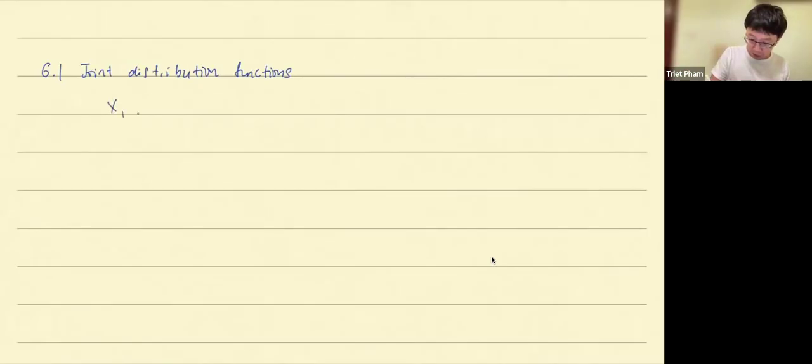Suppose you have X1, X2, and then Xn. These are random variables.